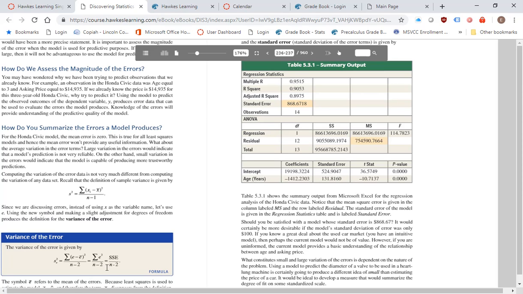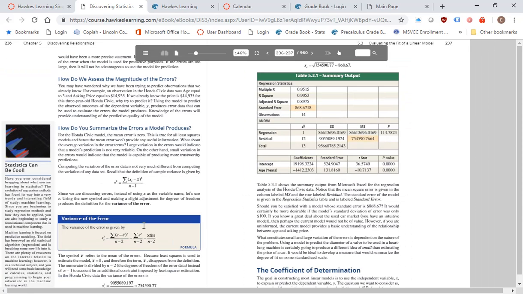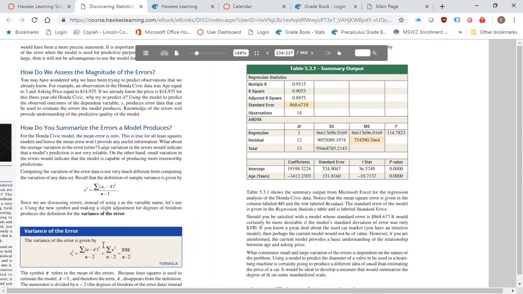It's on your PowerPoint. It's actually just equal to the sum of squared errors divided by n minus 2. It's just a shortened formula to be able to find the variance of the error. So you do have to find the sum of squared errors. That's what this stuff up here is. It's just another way to write it. And then you divide it by n minus 2.